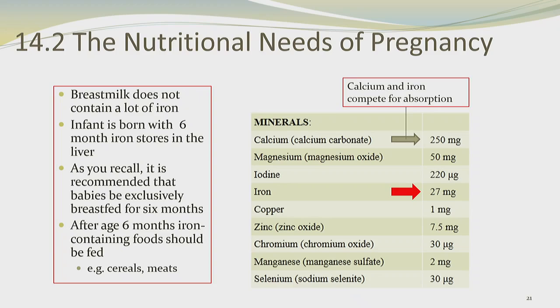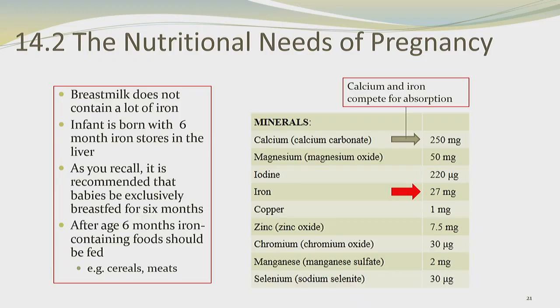So the reason that iron requirements are so high during pregnancy is that the newborn infant is born with adequate iron stores. If the mother is optimally nourished and has good iron status, the fetus that is born should have good iron stores that will last them for the first 6 months.